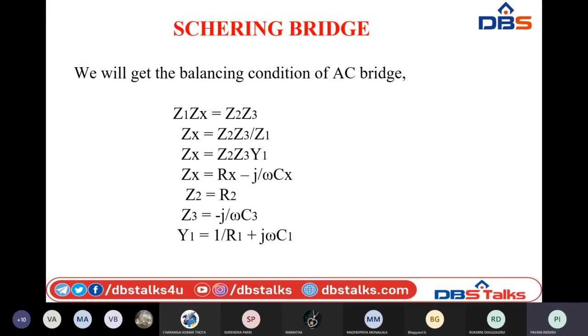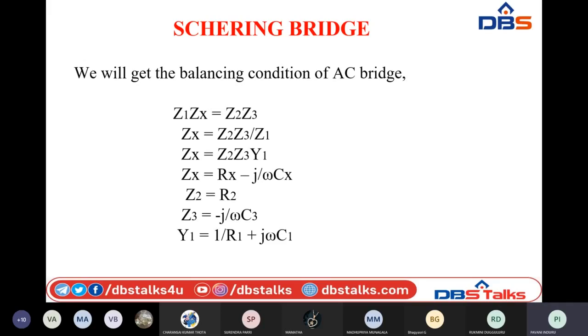Z1 multiplied with Zx, whose product is equal to Z2 and Z3, the other impedances present in the other arms of the Schering bridge. Then the bridge is balanced, that means the detector shows us the zero reading. Now Zx is determined with the help of the expression Z2 Z3 by Z1.